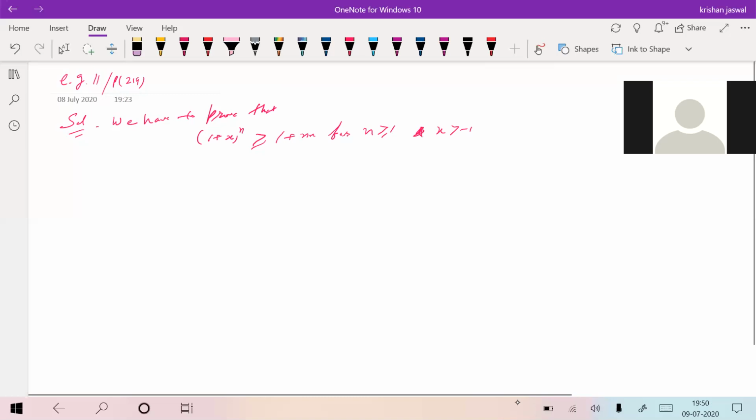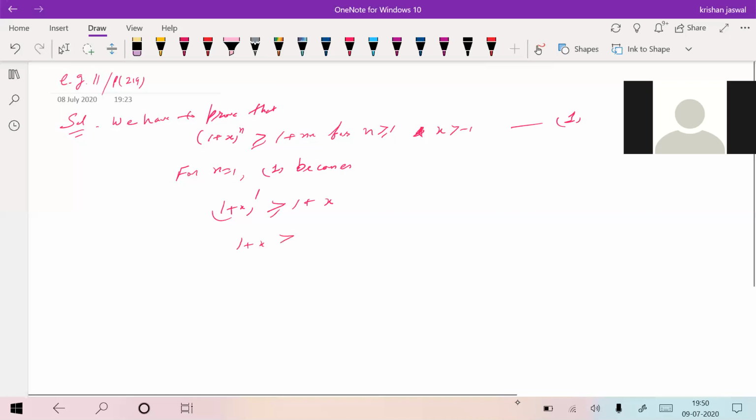For n is equal to 1, 1 plus x power 1 is greater than or equal to 1 plus 1 into x.